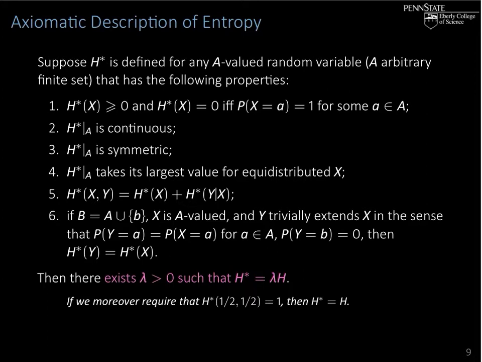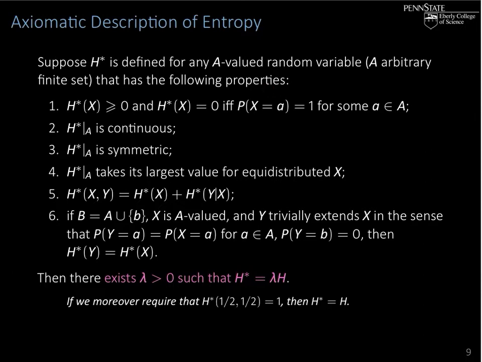We can now put together all the properties we have observed so far of the entropy function and obtain an axiomatic description of entropy by just listing these properties. Suppose H star is defined for any a-valued random variable, where a is an arbitrary finite set of any possible finite cardinality, and H star has the following properties.